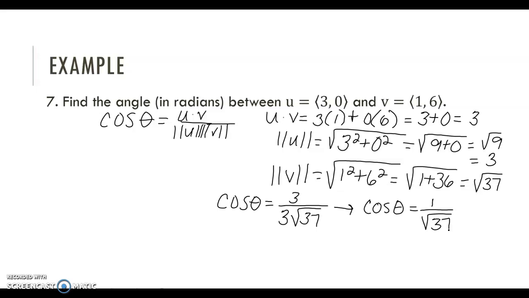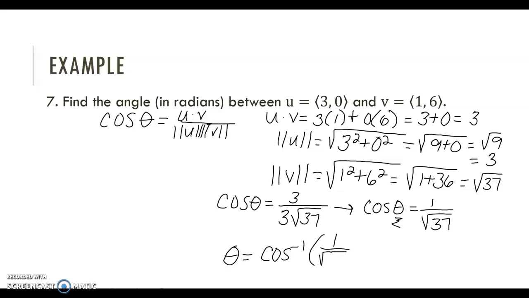This is not found on the unit circle, so we are going to have to use our calculator. In order to find this angle theta that I want, I'm going to have to use the inverse cosine, because that's how we find angles. So press second, or the shift button on your calculator, then cosine to get the inverse.